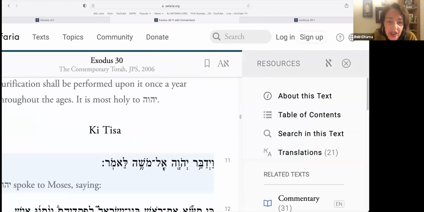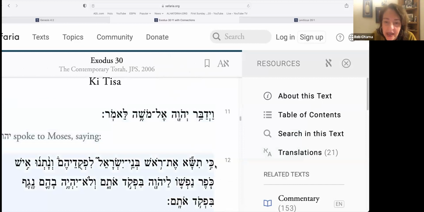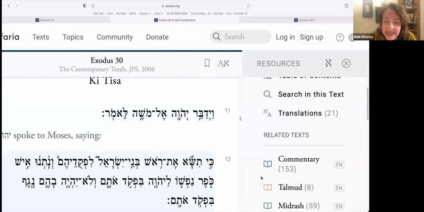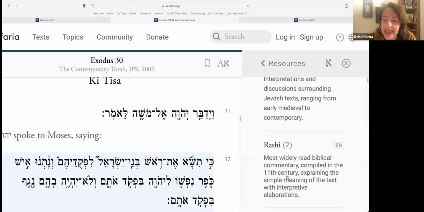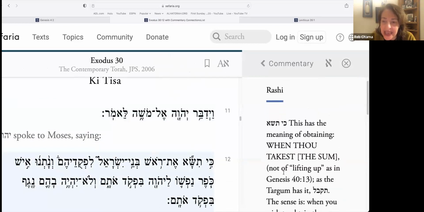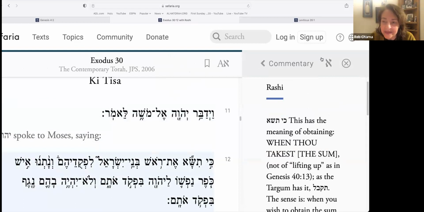You can actually use it for both commentary. So here we have commentary. When we get to Ki Tisa, you'll get your commentaries, and then you'll see what Rashi has to say about Ki Tisa. But if you're like, you know what, I don't really want to know what Rashi says about this, but I really want to know what this word means.